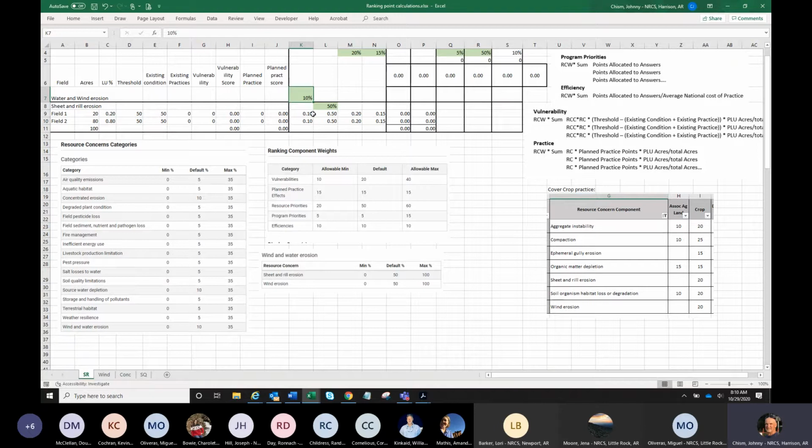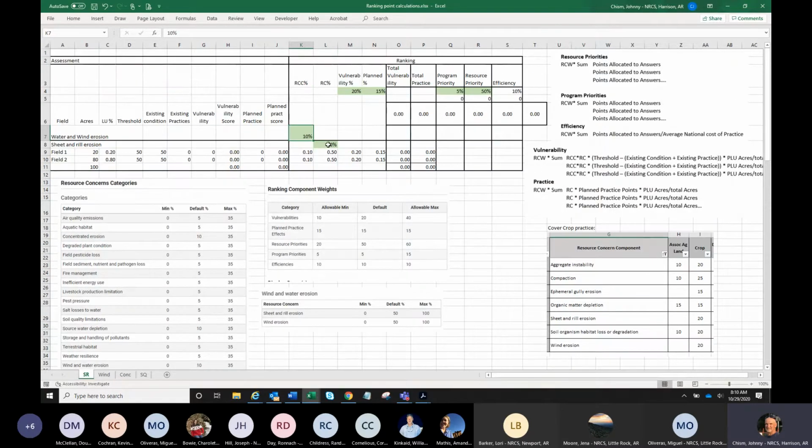The category is 10%. Each one of these categories may have multiple resource concerns in it. Wind and water erosion only has 2, and they are set in this instance at 50% each. So sheet and rill erosion is 50%, and wind erosion is 50%.